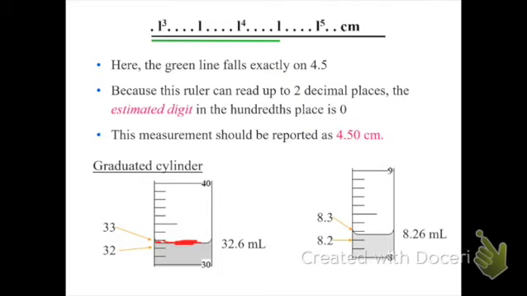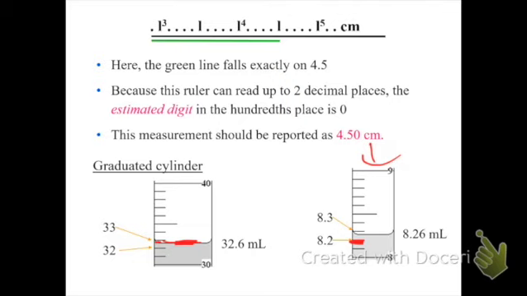The same case for the next one here. We have 8.2, so that's the certain digits. Then we can estimate the next one. To me, 8.26 is a little bit low, so I would say it's 8.28 maybe, or even 8.29.